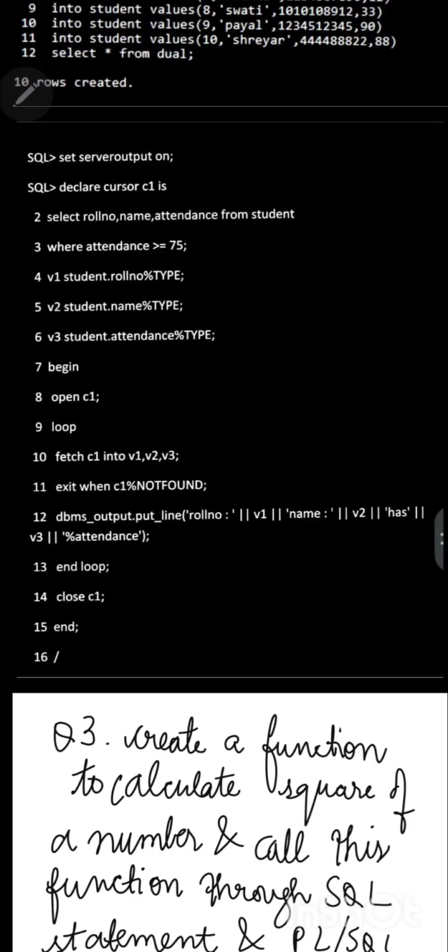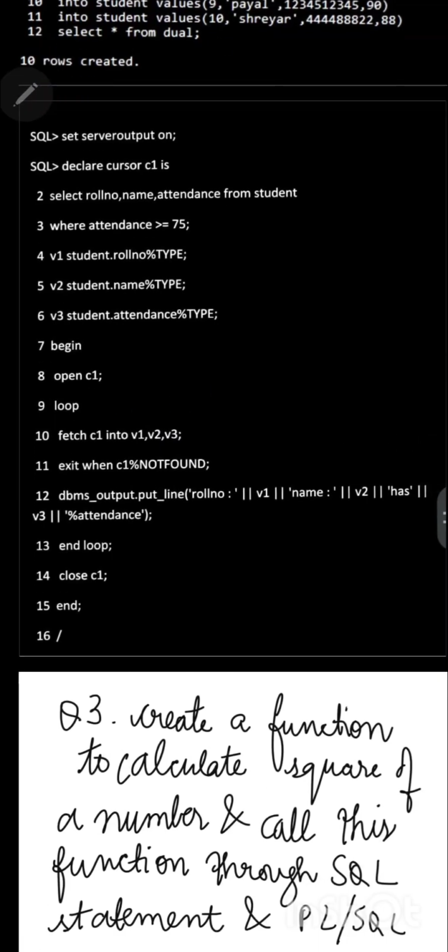Now after this, we will begin with the cursor. We begin, we open the cursor C1, then we give loop. Why do we have to give the loop? We have to give the loop because 7 rows will be selected as we have seen. So we fetch these into the variables V1, V2 and V3. We fetch the cursor C1 into V1, V2 and V3, and we exit when C1%notfound, which means when the rows are not found further after 7 rows, then we will end.